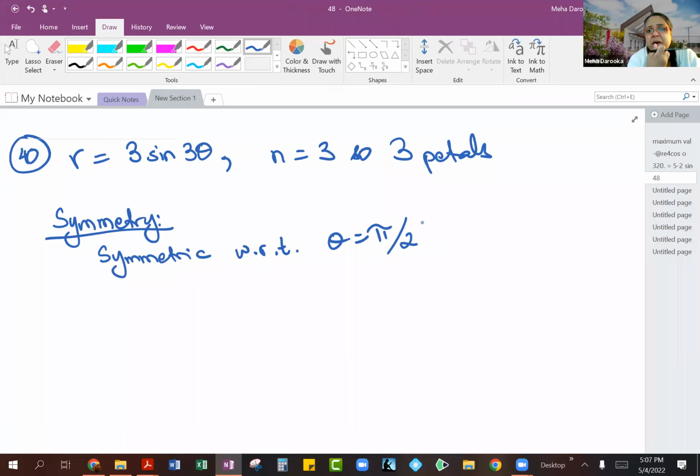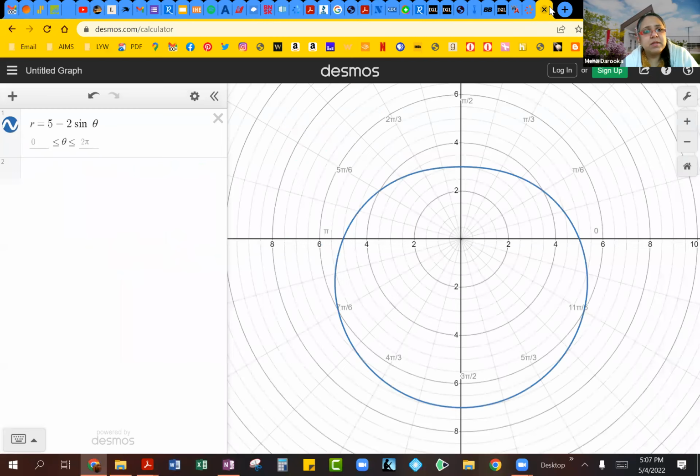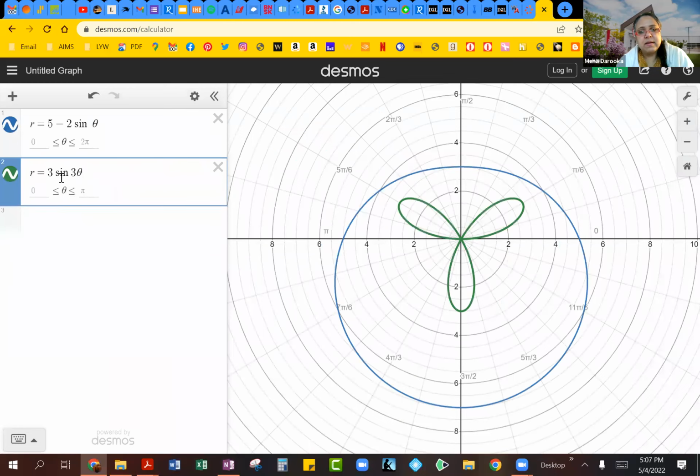We already talked about this guy will have 3 petals. So this is a rose curve polar graph over here. Let's actually do the graph here first. So this guy will be r equals 3 times sine 3 theta.